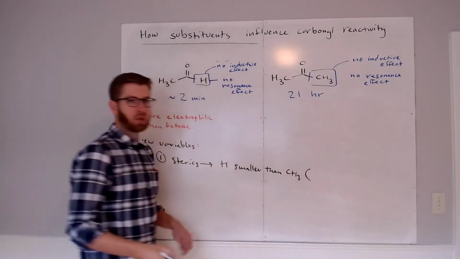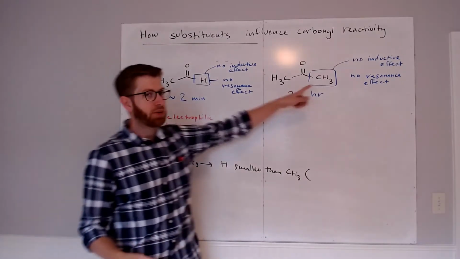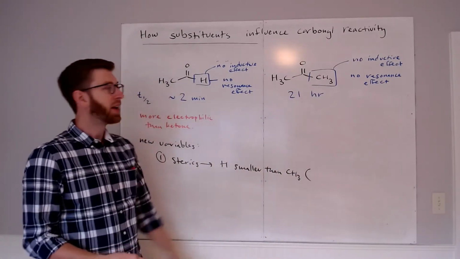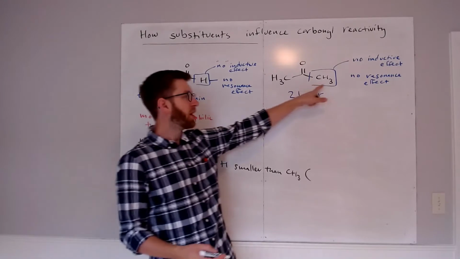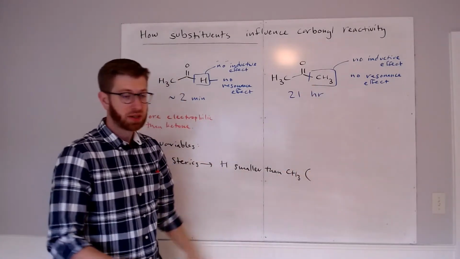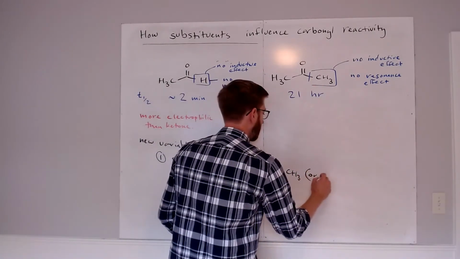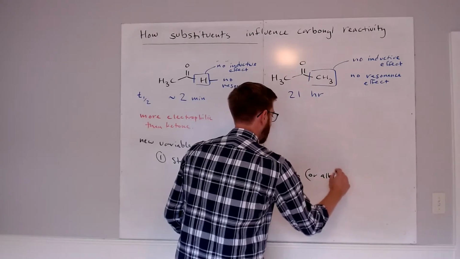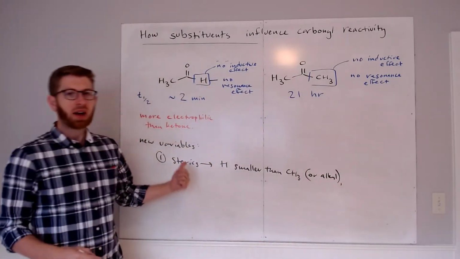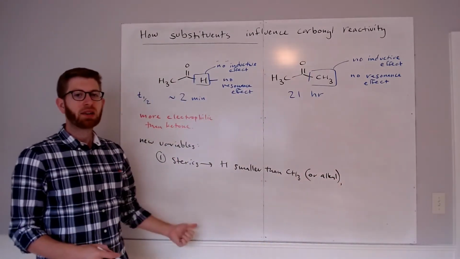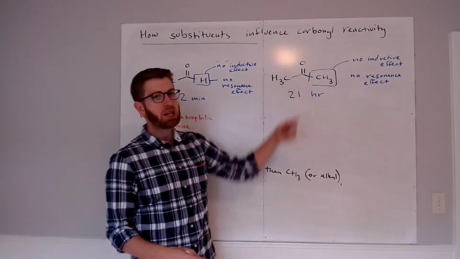Or if our ketone were something else besides a methyl group, same concept would apply. An aldehyde is always a hydrogen, but for a ketone, methyl is as small as you're going to get, realistically. So we could say a methyl or an alkyl group. So the aldehyde carbonyl carbon is less hindered than the ketone carbonyl carbon.